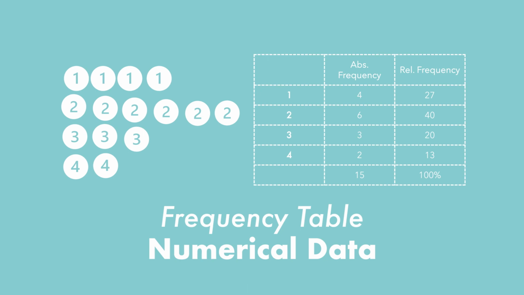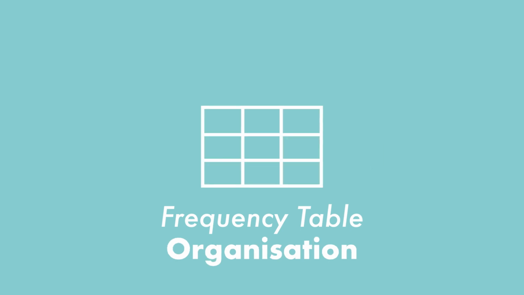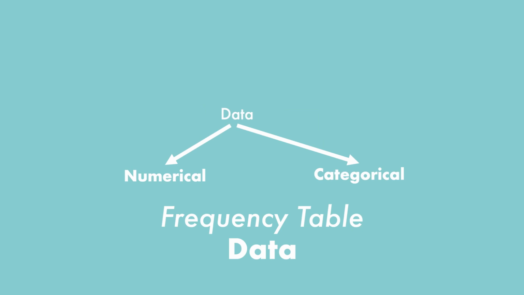Let us investigate this. A frequency table is used to organize collected data. What data? Well, the data could be anything really. The data could be categorical or numerical. In this lesson, we will focus on numerical examples since we have covered categorical data previously.